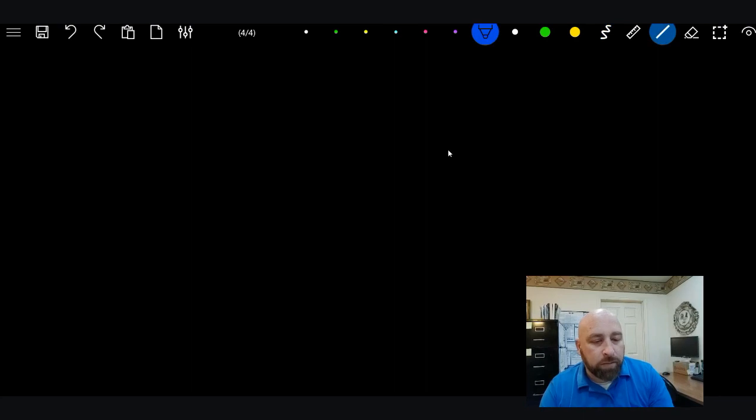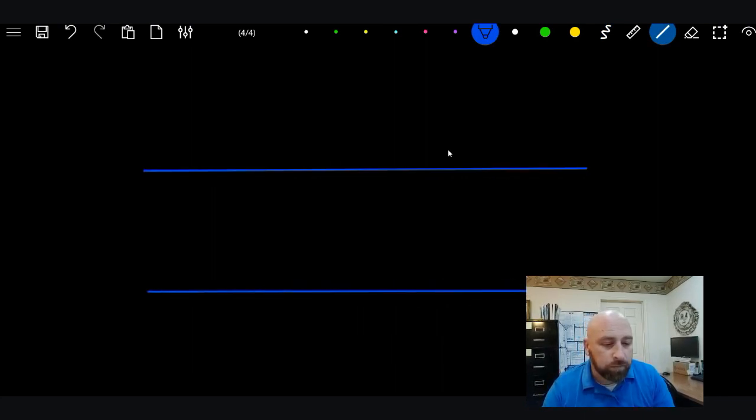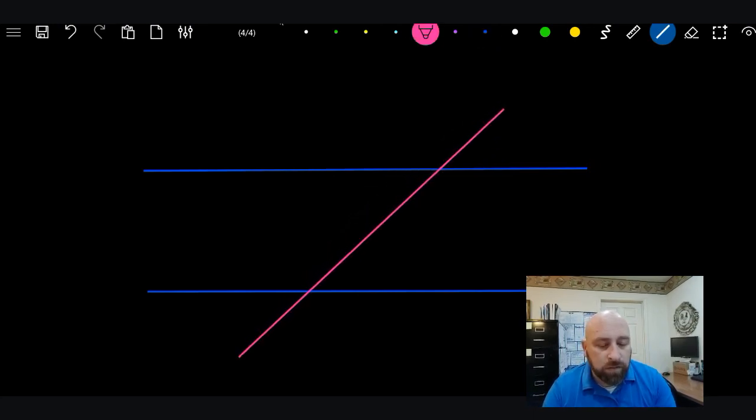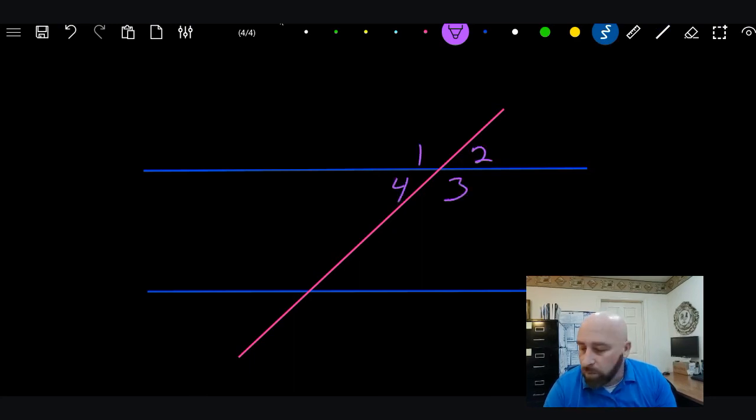If I have lines that I'm trying to prove parallel, and they're being cut by this transversal, let's call these angles 1, 2, 3, and 4, and 5, 6, 7, 8 right there.